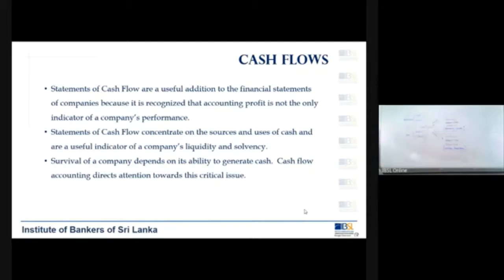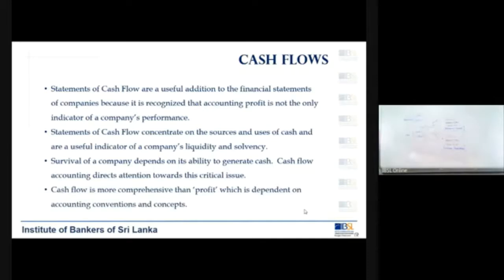So what we are learning today is a very important topic as far as any business is concerned, because this can lead to a critical issue for a company. As long as you don't monitor and follow up on your cash flows, it will be a disaster for the company.